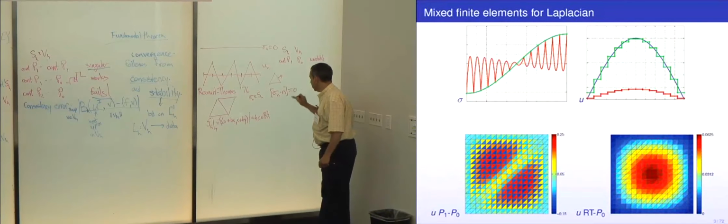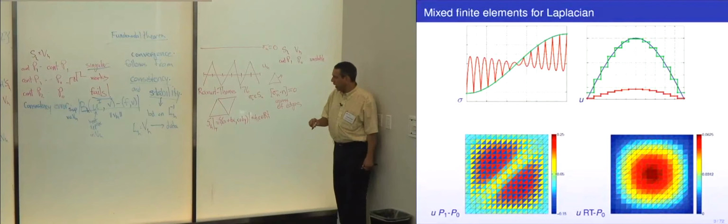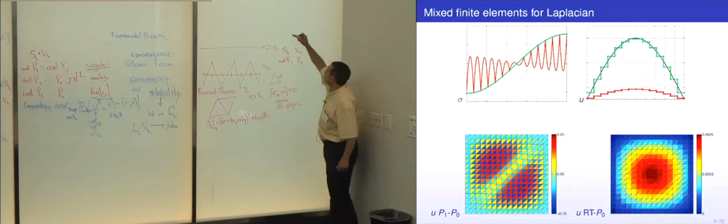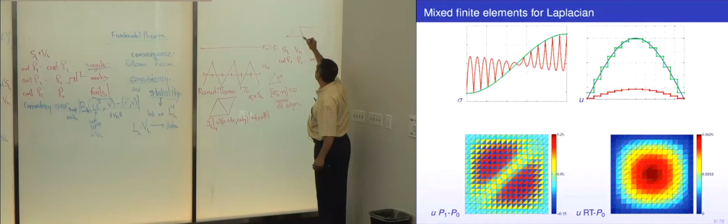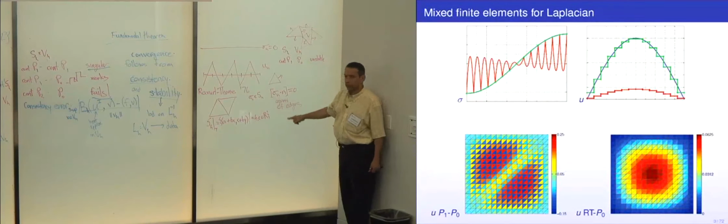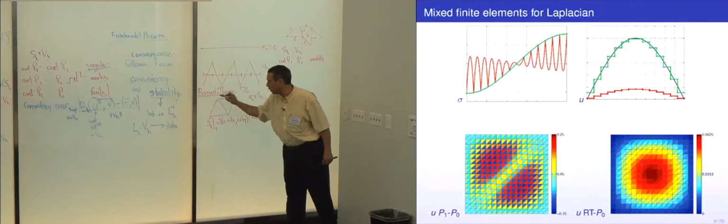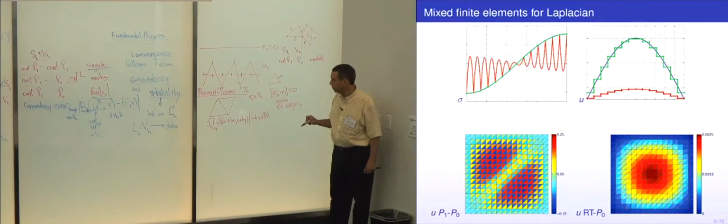The jump should be 0 across element edges. And that's a nice finite element space to work with because you make any triangulation and you just say what you want the normal component to look like in the middle of each triangle edge, give it a value, and there'll be a unique element of this space with those values. That's the Raviart-Thomas space, the lowest order case.